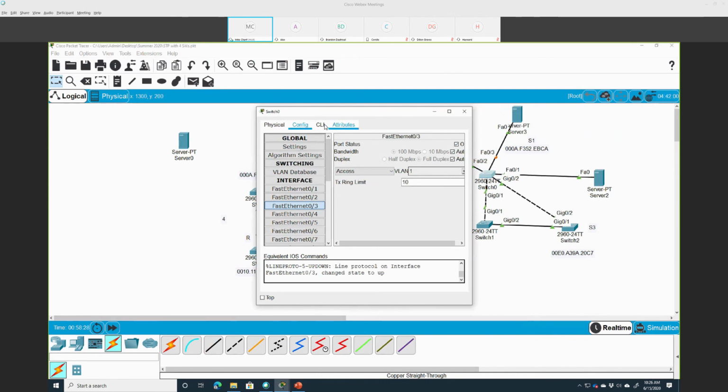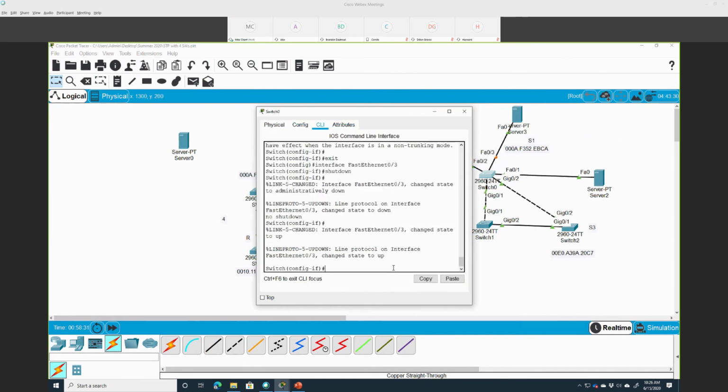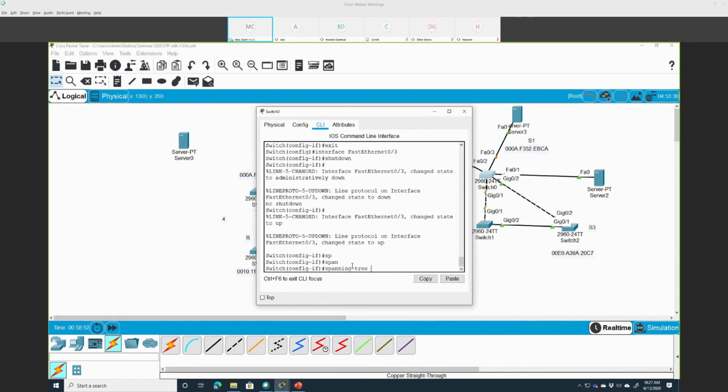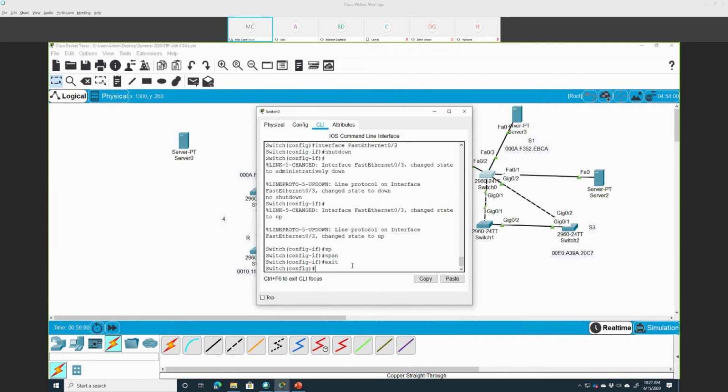Why not? Let me see. Because we did it on port 2. Port 2 or port 3? Let's see. Oh, let me see. Okay, spanning tree. Let me go back to make sure I'm on the right port. Interface FA0/3. Okay.